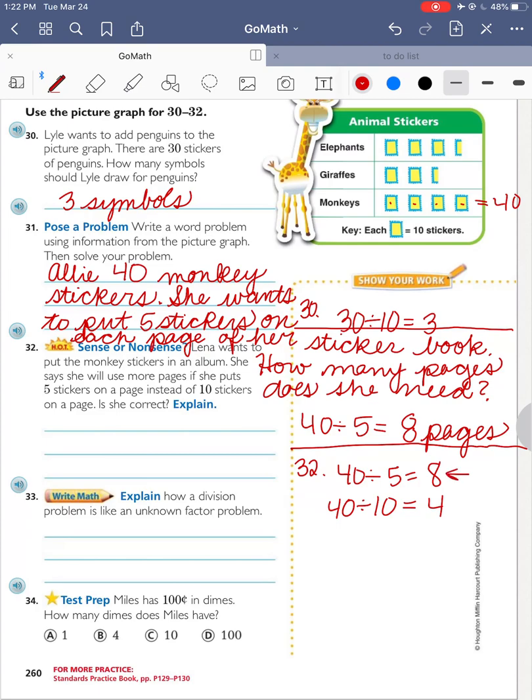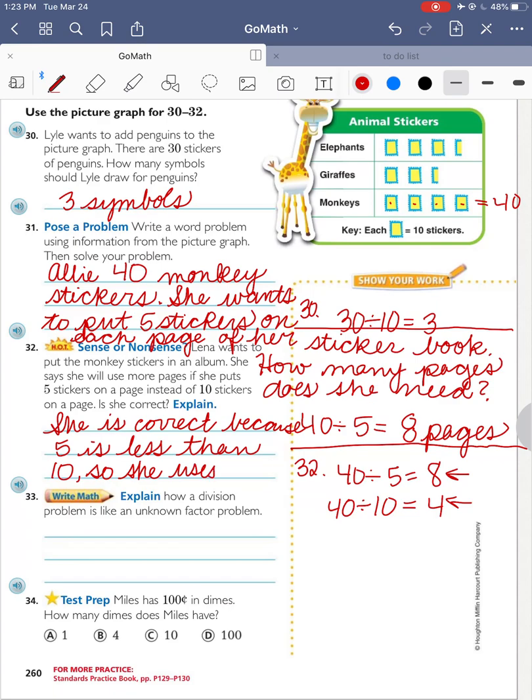Does she need more pages? There's 8 for 5 and 4 for 10, so she is correct. Because 5 is less than 10. So she uses twice as many pages.